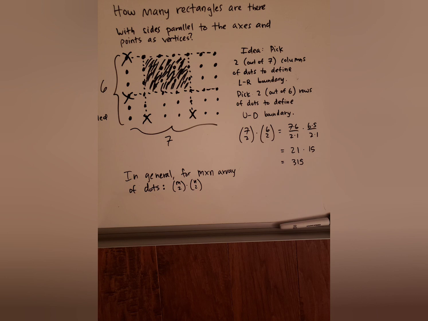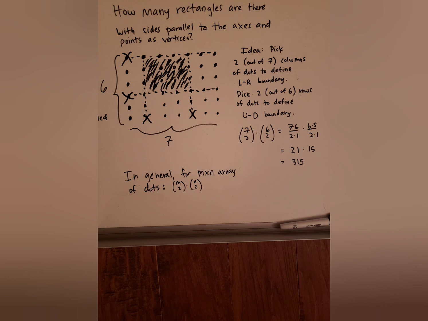So I can define this rectangle's height based off of which 2 out of those 6 dots on the left first column I choose to define the height. So it turns out that there are 6 choose 2 or 15 different ways that I can pick 2 points from the first column to define the rectangle's height.